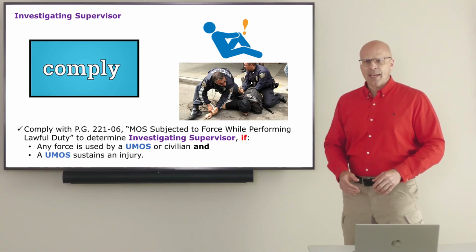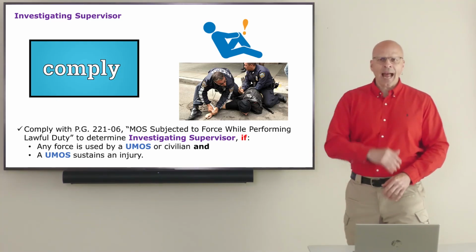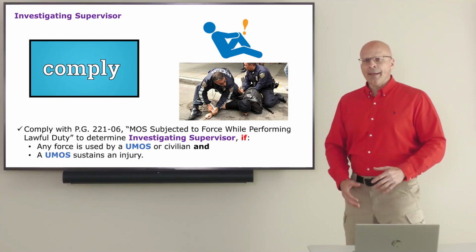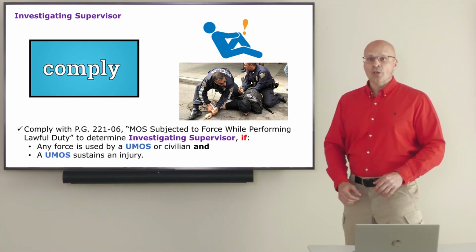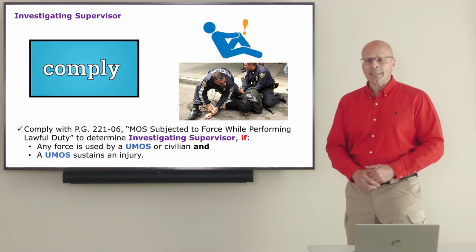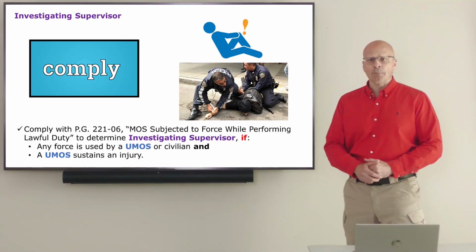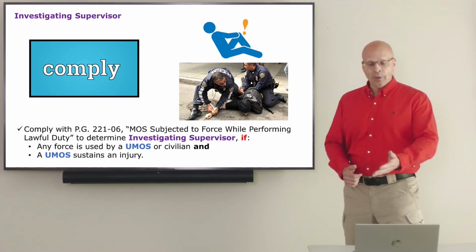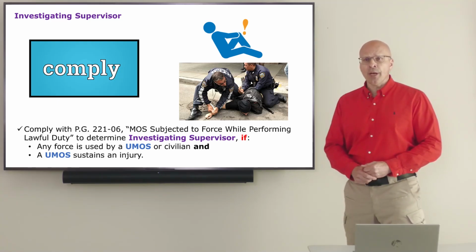But what happens if a perpetrator slaps me and I'm injured, so the slap is an assault, and I arrest him, but I don't have to use force to arrest him. He puts his hands behind his back and I cuff him. Well, I'm injured. We'd have to follow this procedure, 330.03.